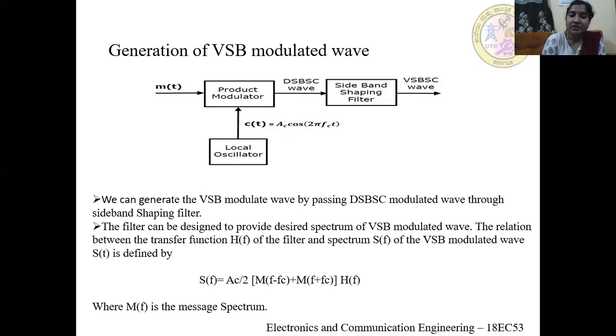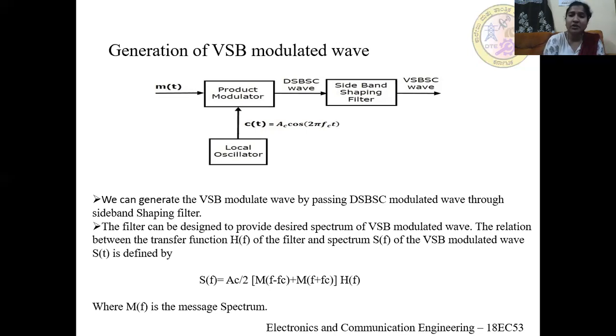The relation between the transfer function H(f) of the filter and the spectrum S(f) of the vestigial sideband modulated wave s(t) is defined by S(f) = (Ac/2)[M(f - fc) + M(f + fc)]H(f).